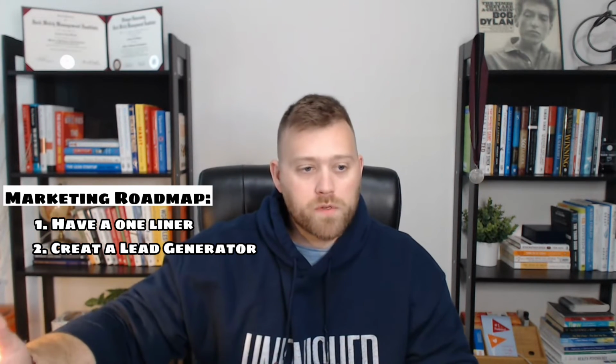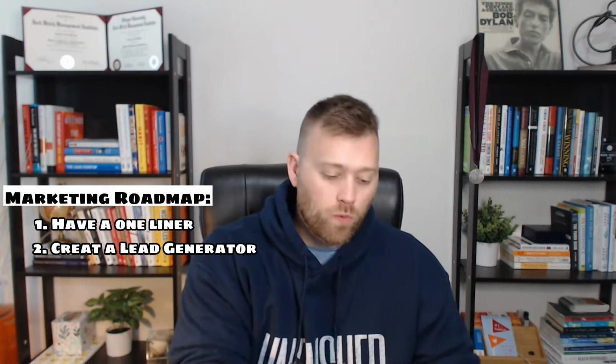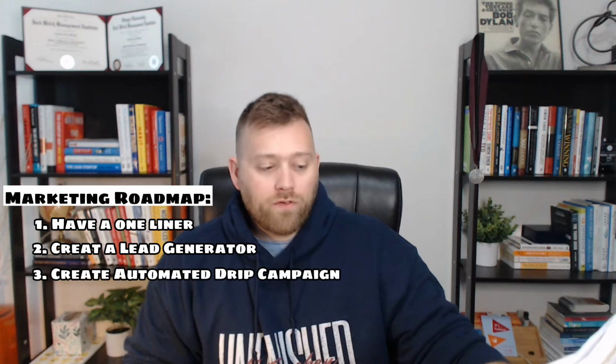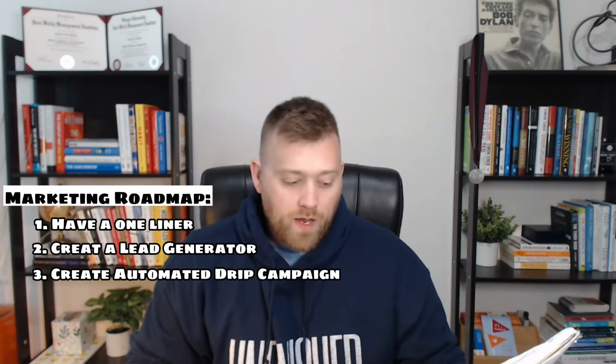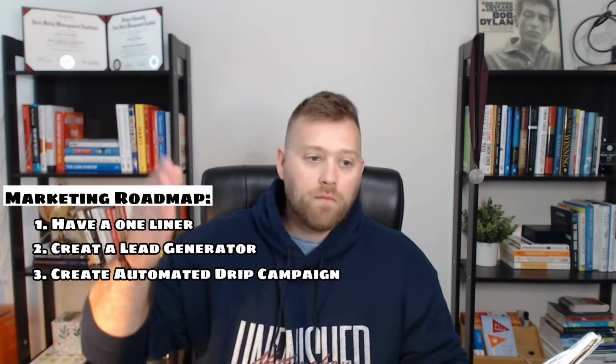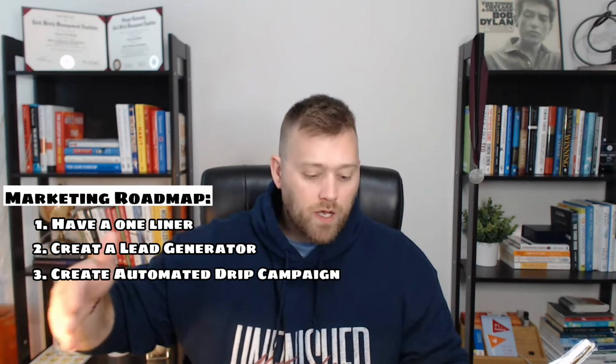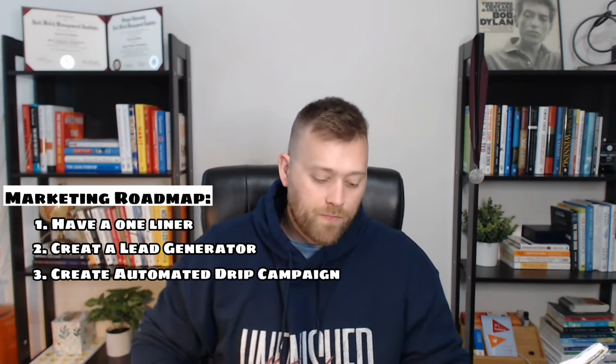But you can also repurpose those live events and put them as gated content on your website. Then we have create an automated drip campaign. We talked about that. Emails 1 through 3 are going to be nurturing. And then email 4 is going to be your sales email with a call to action.